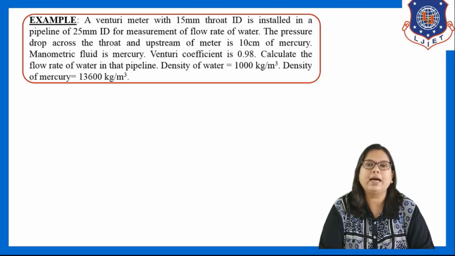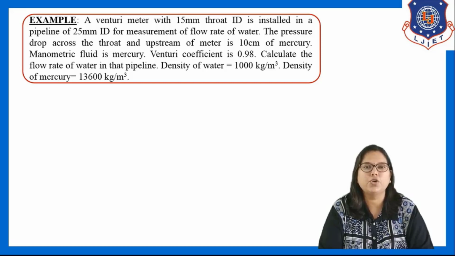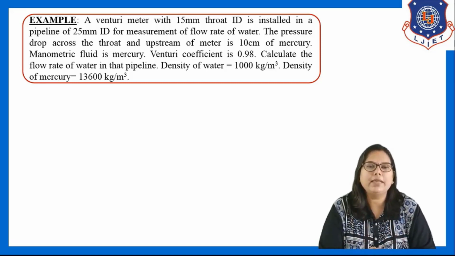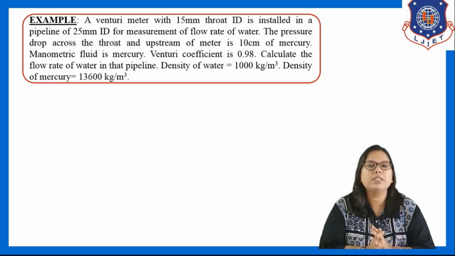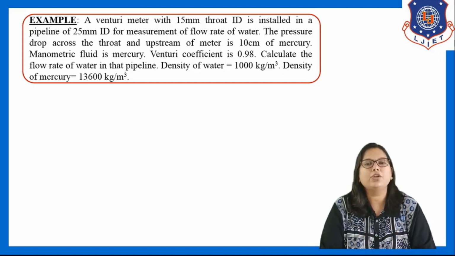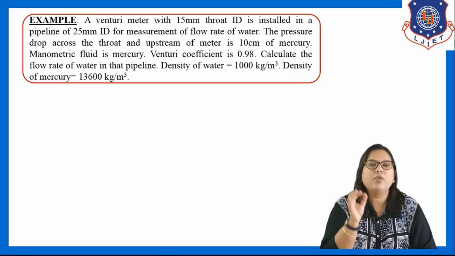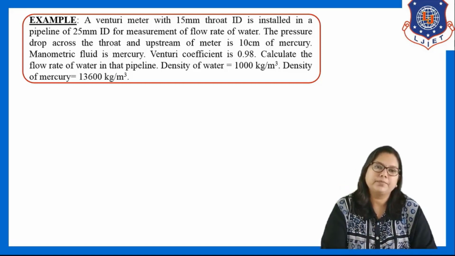Another given data are density of water equal to 1000 kg per meter cube and density of mercury 13600 kg per meter cube. From this given data we have to calculate the flow rate of water in the given pipeline.